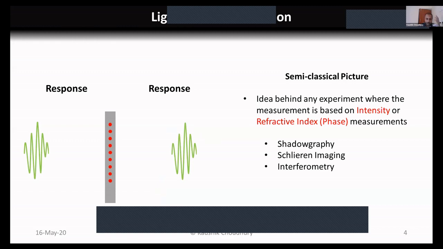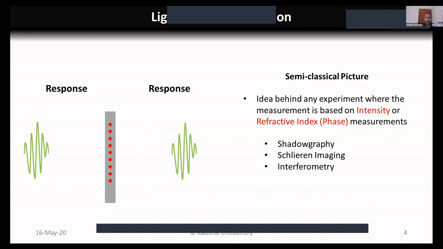In the case of transmission and reflection, we get the same wavelength of light with varying amplitudes depending on the material. Now this simple idea can give us techniques like shadowgraphy, Schlieren imaging, interferometry, which have been used over decades for understanding different physical phenomena.